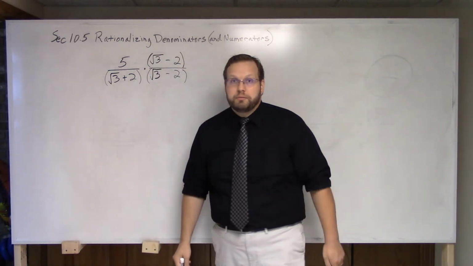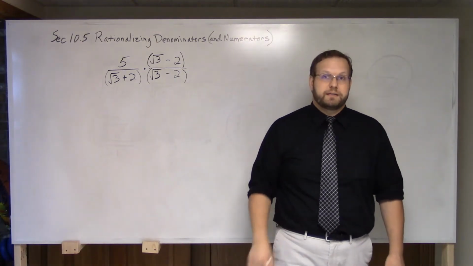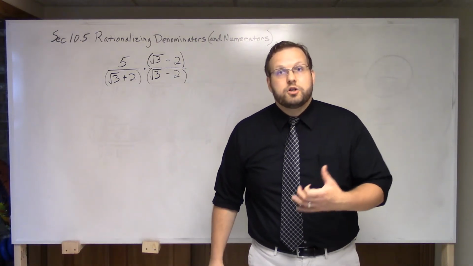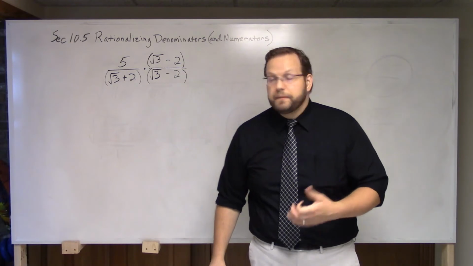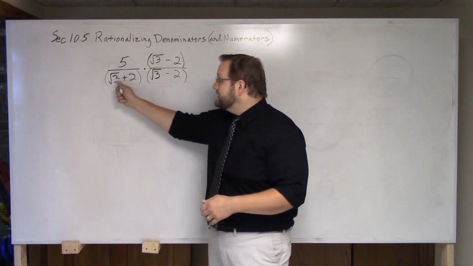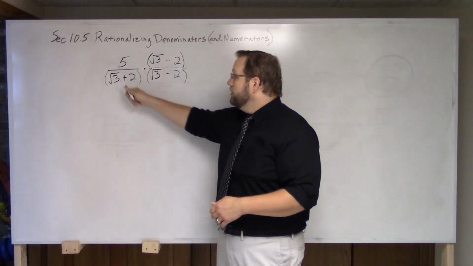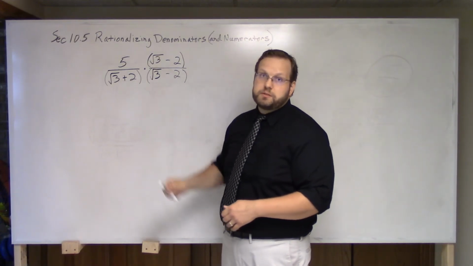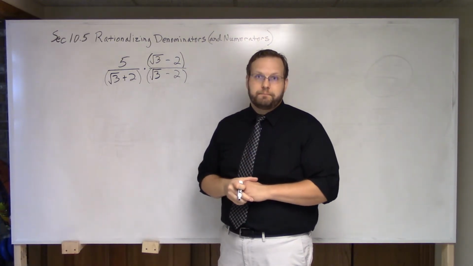Again, the same rule applies. What you multiply to the bottom, you multiply to the top. We just need to know what is going to do the trick. And in this case, again, we take the same two terms. One spot we add them, one spot we subtract them. Nothing more than that.